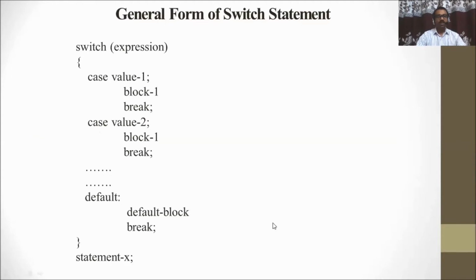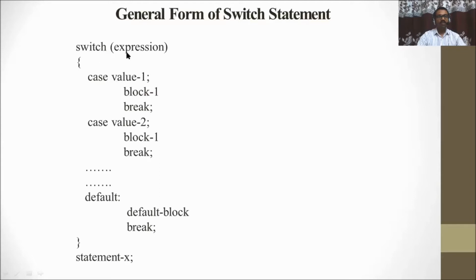So this is the general form of the switch statement. Here is the switch expression, and this expression indicates where the control switches. These are the case values, case value 1 and so on.